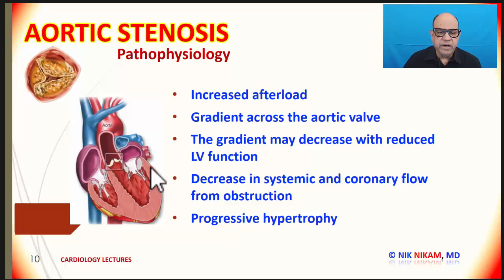There is progressive increased thickness of the left ventricle, resulting in left ventricular hypertrophy to compensate for the increased resistance and increased afterload. There is also decrease in systemic and coronary circulation because of the reduced cardiac output resulting from a critically stenotic aortic valve.